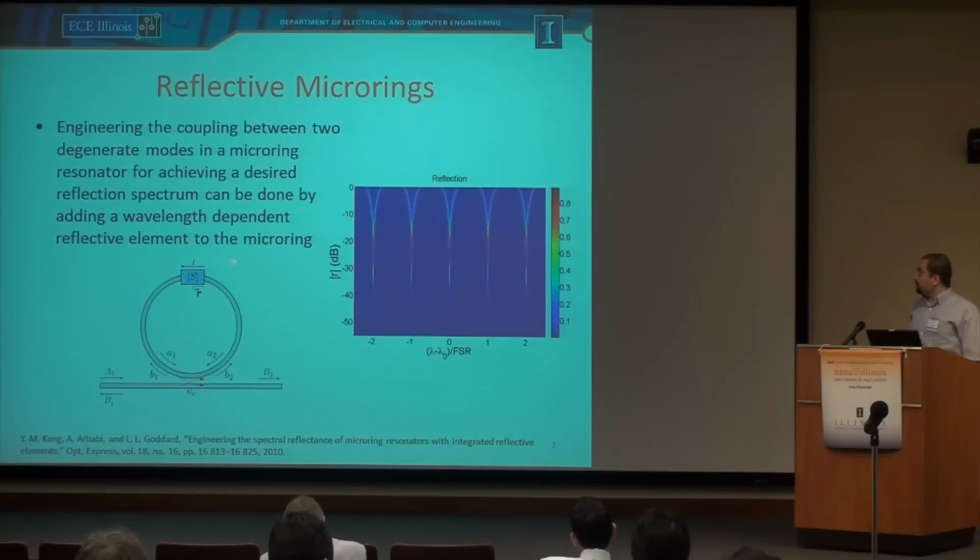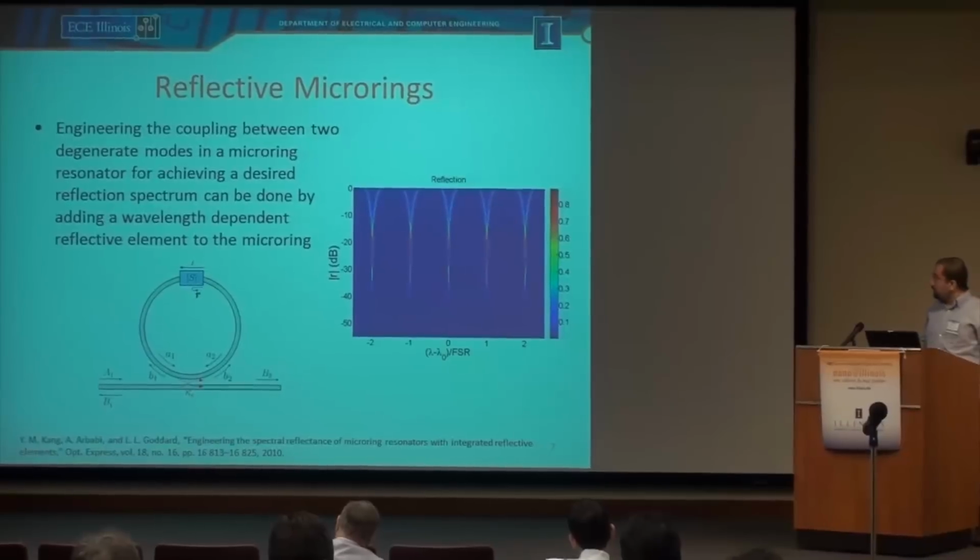This is the amplitude of the reflectivity of this device. You can see that even at very small reflectivity amounts for these reflective elements inside the ring, we can get almost a reflectivity of 1 from the overall device. The 1 is the red color there. So you can have very small reflectivity inside the ring, couple those two modes together, and get a very large reflectivity from the total device.